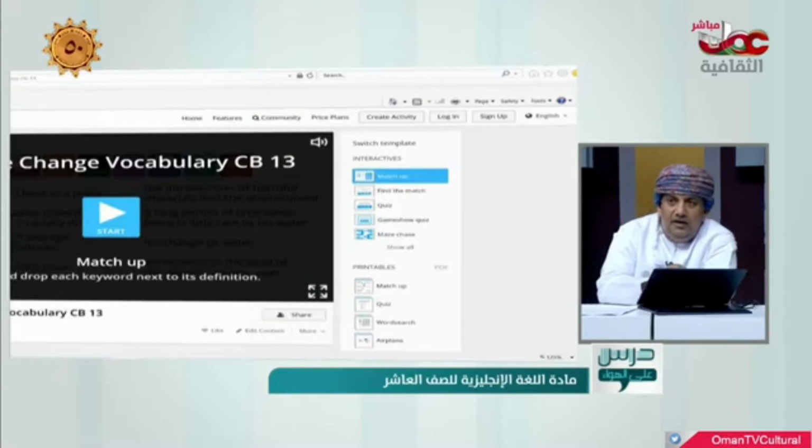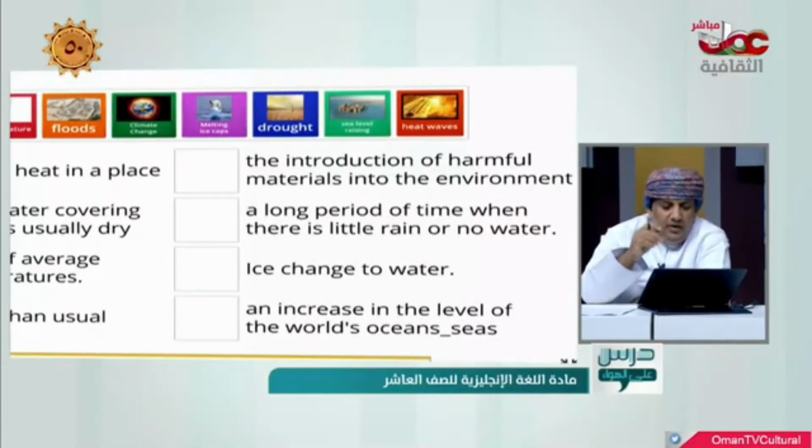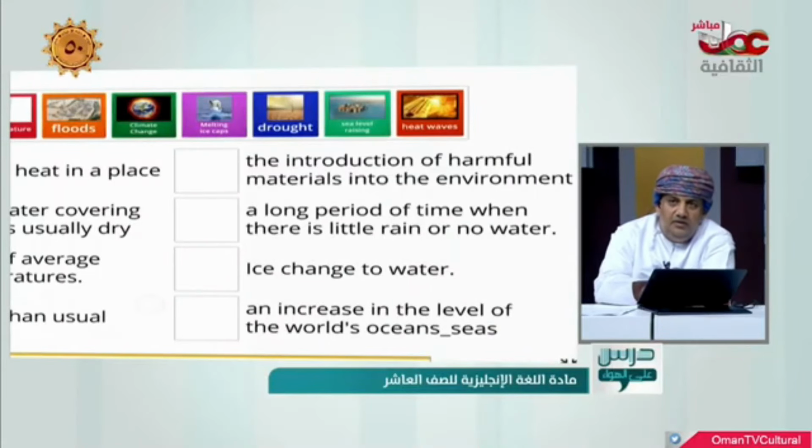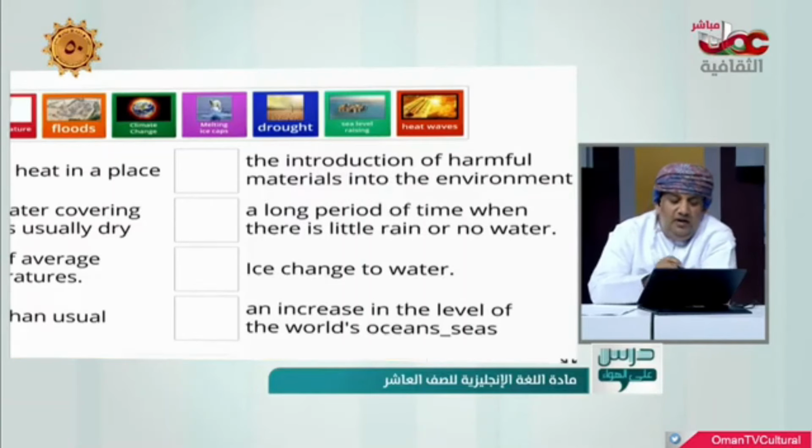Are you ready? Now, we have some words, some pictures, and we have also their meaning. So pollution, what does it mean? Heat wave, here floods. So let's look for the easiest one.